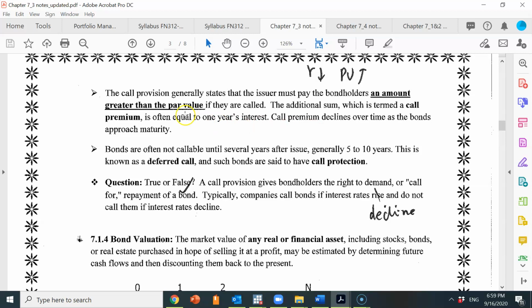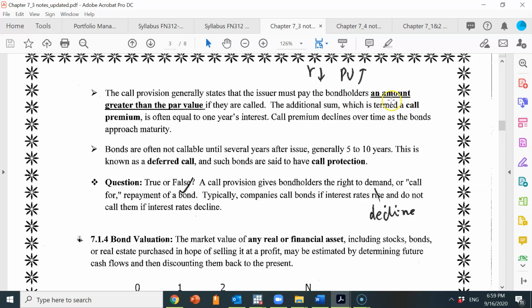So if the investor is able to hold the bond until the maturity date, then you will receive a par value, as well as some more coupon payments before the maturity date. Now if the issuer has the right to call back the bond earlier, usually the bondholder will lose some coupon payments because the bond is being collected before the maturity date.